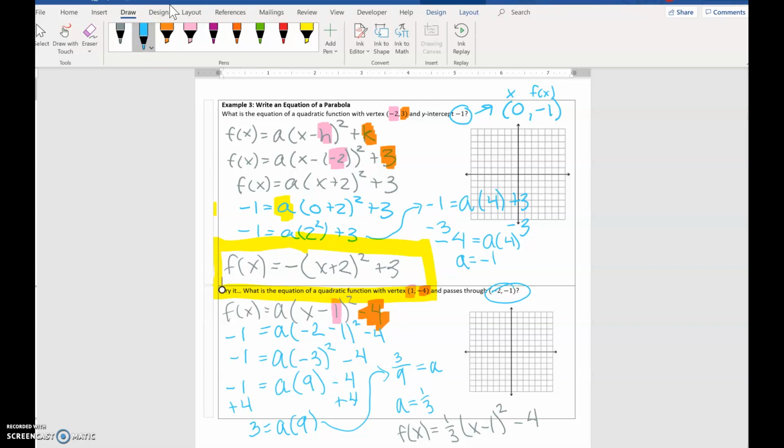So again, this was x, and then this one was our y, so our f of x. And then we solved for a. So we had -1 equals a times (-3) squared minus 4. And then that -3 squared is 9. Then we added 4 on both sides, so we have 3 equals a times 9. So we divide by 9 on both sides, and then 3/9 is 1/3. And so again, that's our final answer right here.